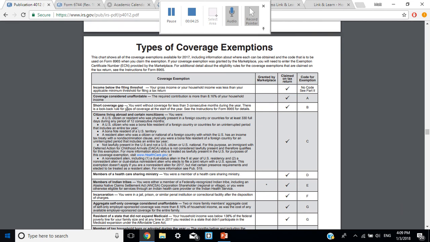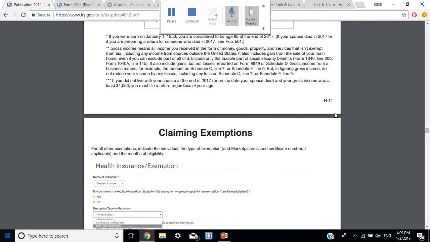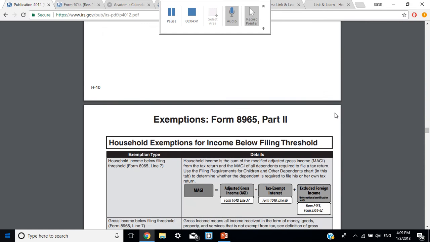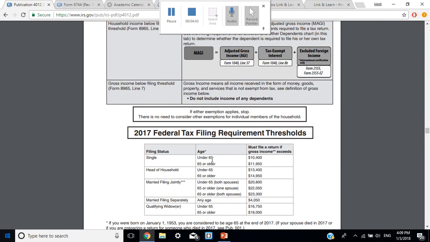So let's glance and see if Robert qualifies for any of these. This is income less than the applicable minimum threshold for the filing return. No code, see Part 2. Let's look at Part 2. Part 2, here we come. Part 2, threshold. Single, must file a return if gross income exceeds. Does it fall below that threshold?